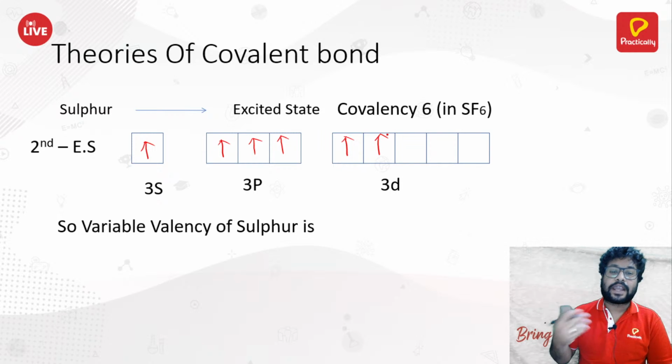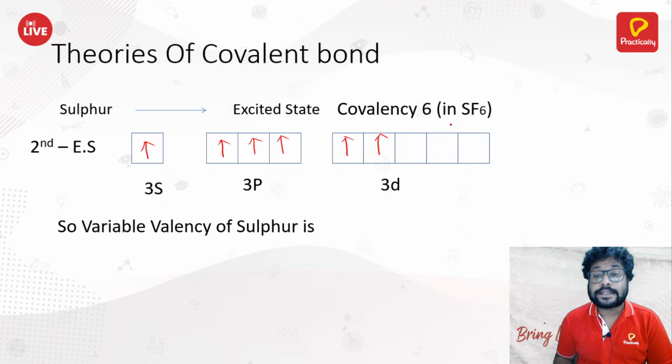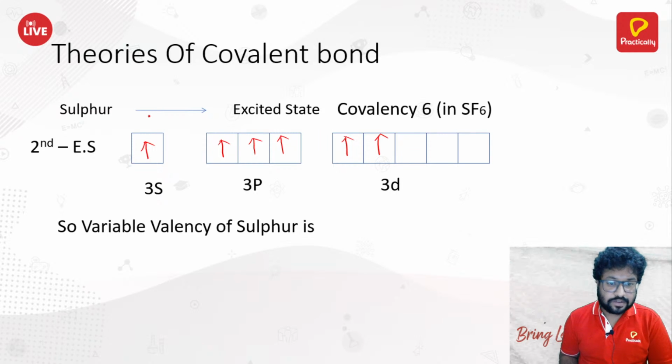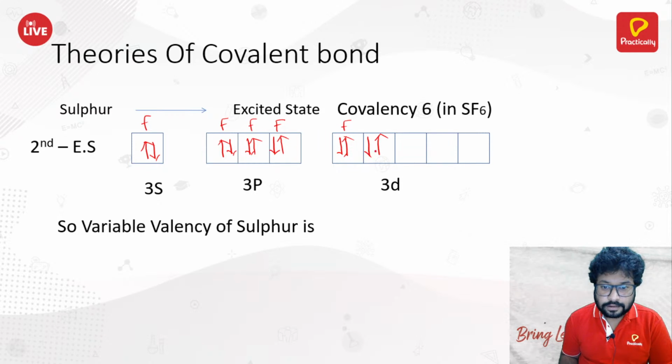Now your sulfur can show valency 6 by combining with 6 fluorine atoms. Now the fluorine atoms will come here. They'll form a covalent bond like this. Okay, that's how you form SF6.